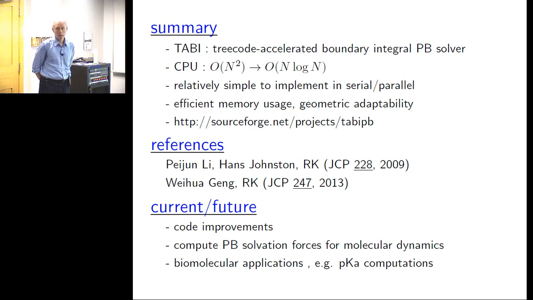We haven't done it yet. But I would say that we're still far from having a code that computes forces in this Poisson-Boltzmann context. We're still beginning to do that. And I don't know how long that's going to take us. But that's one of the obvious next steps.